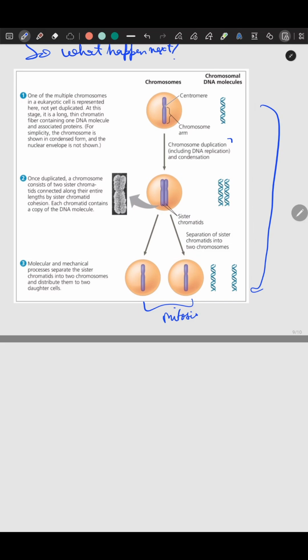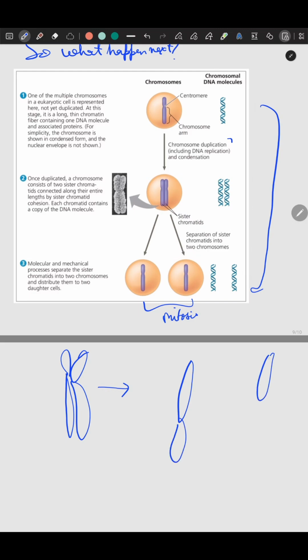The sister chromatids that were joined separated into two, one here and one here. These are now individual chromosomes. They are no longer called sister chromatids, because they each share 50% of their parent cell, and the chromosomes double during cell division.